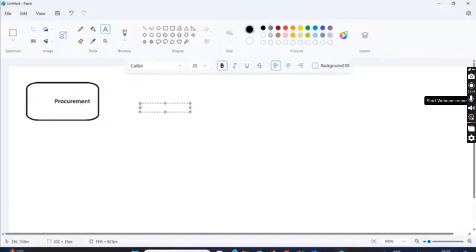For every good that the organization manufactures, it needs to buy the raw materials. This department takes care of the raw material purchase. From the raw materials, the finished goods are manufactured. So we start from here, the procurement department.